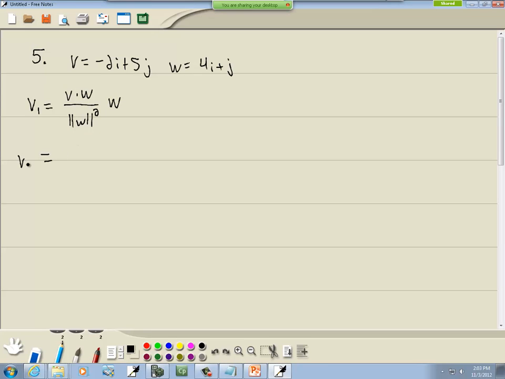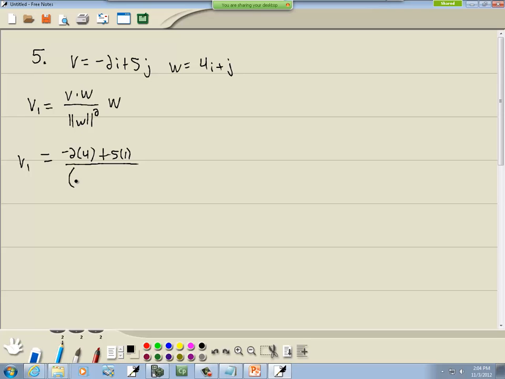Okay. Well, the dot product of V and W, multiply the numbers in front of your i's together. So we've got negative 2 times 4 plus, then you multiply numbers in front of your j's, so I got 5 times 1. Now here, this is the magnitude.